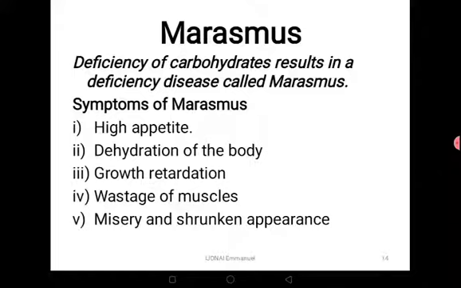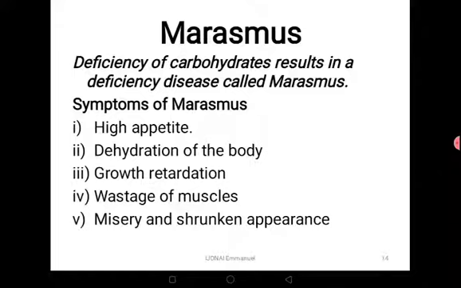So how do you know that somebody might be having marasmus? The first one is high appetite. Those people have a quite higher appetite compared to normal. And then dehydration of the body, meaning there will be little water in the body, and there will be dry eyes, dry lips, and so on.